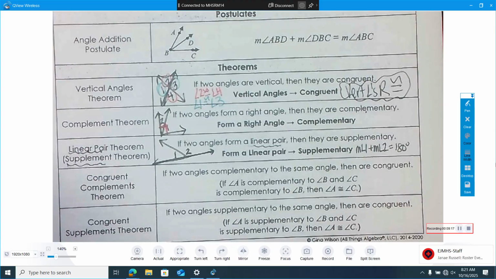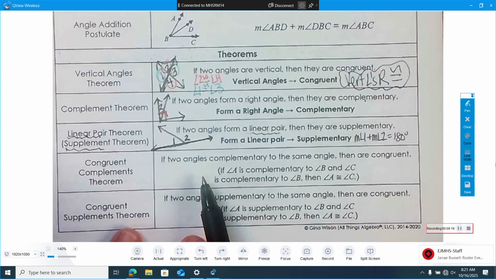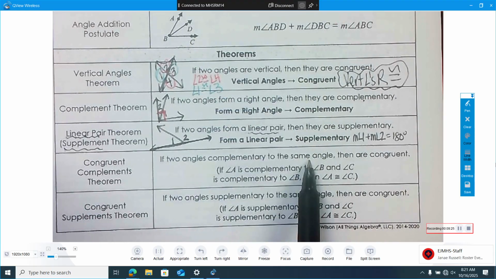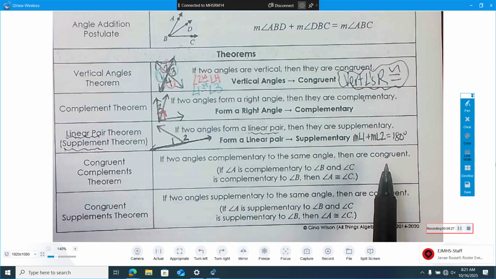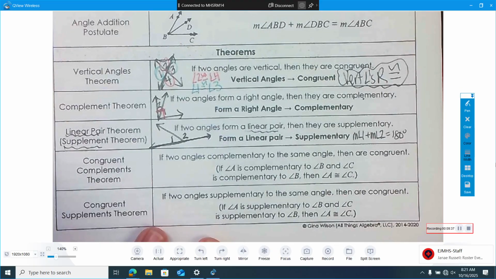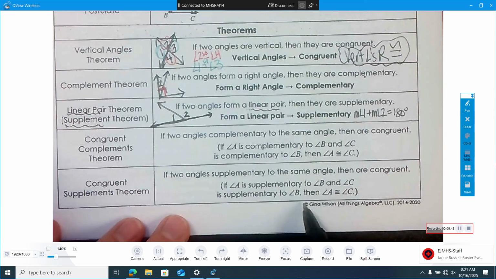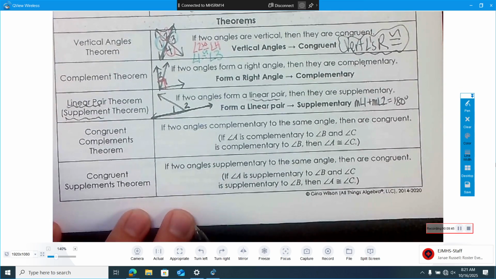All right, beautiful. We also have the congruent complements theorem. If two angles are complementary to the same angle, then they are congruent. Congruent complements theorem. We haven't talked about these. We also have the congruent supplements theorem. I'm going to talk about that one first.